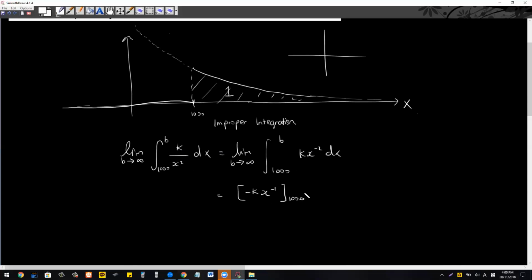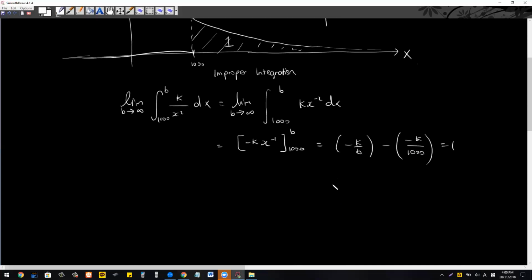That's the integration, with b here. Therefore, what does this become? You plug in b, and you get negative k over b minus negative k over 1,000, and this has to equal 1. So this is positive k over 1,000 minus k over b.